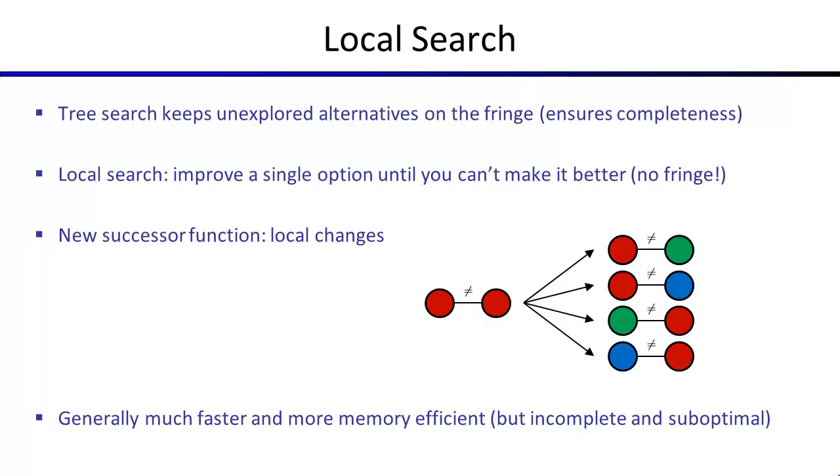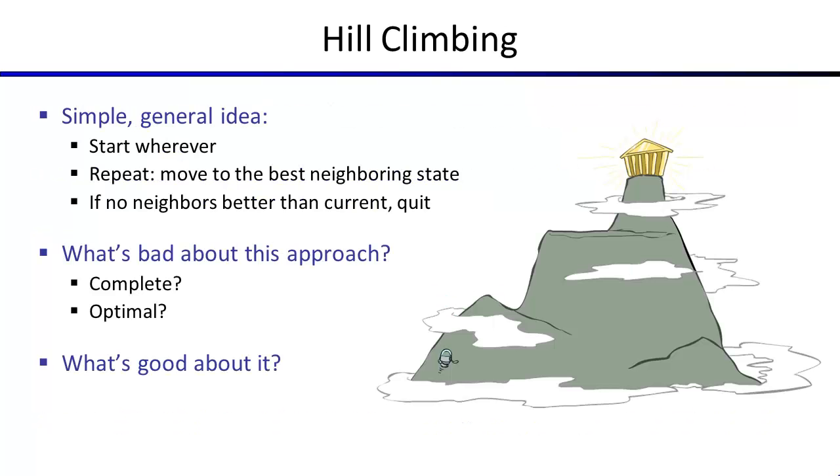And in general, these things are faster, insofar as they work, and more memory efficient because you don't have to keep this fringe of all these other things that you might do. But of course, they tend to be incomplete and suboptimal. So you really quickly get an answer, and you might not get an answer, and the answer you get might be suboptimal. So sometimes that's what you want, and sometimes it's not.